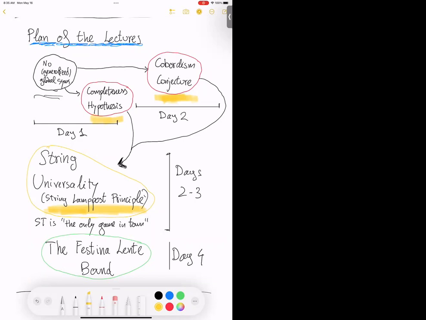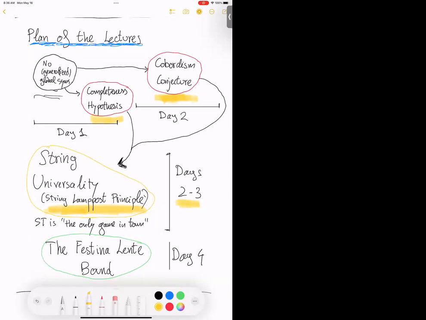This is a very recent result. We've basically been able to show, based on Swampland principles, that in 9, 10, and 7 dimensions with supersymmetry, string theory is, so to say, the only game in town. The only effective theories consistent with Swampland principles are precisely the ones that you get from string theory compactification. This will be maybe part of day 2, but certainly most of day 3.